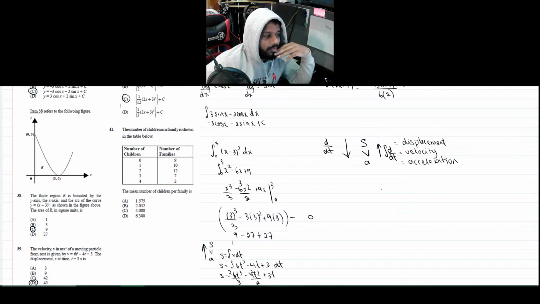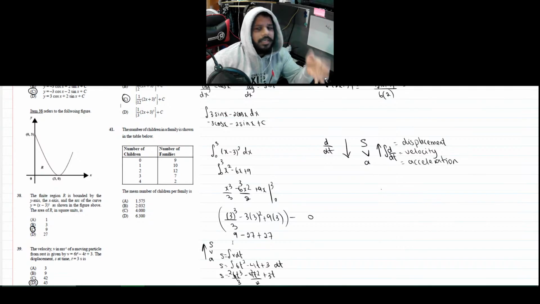The mean number of children per family: we multiply these things here, add them up, and divide by the total number of families.